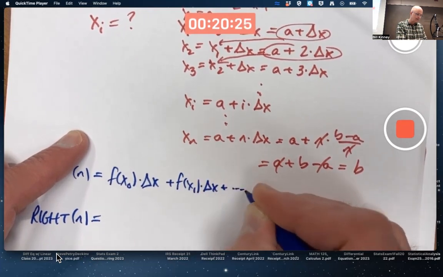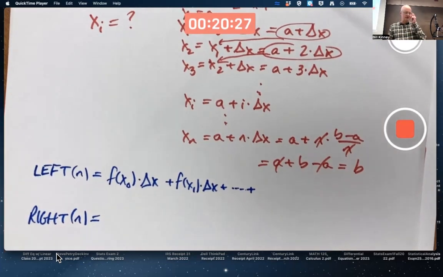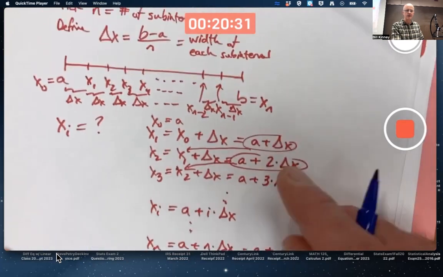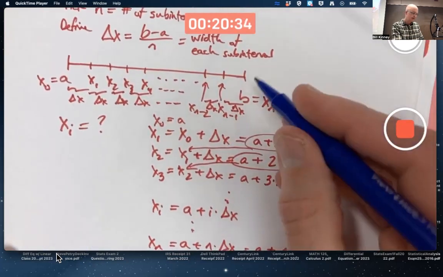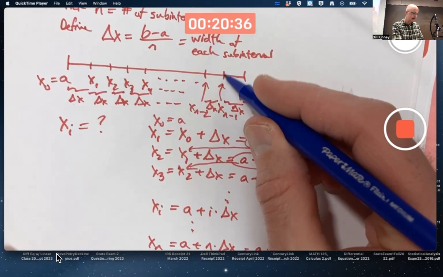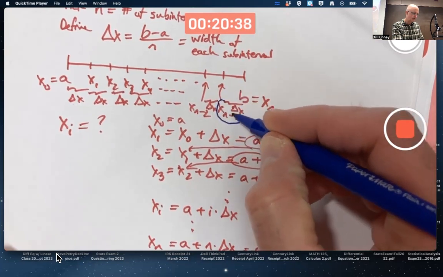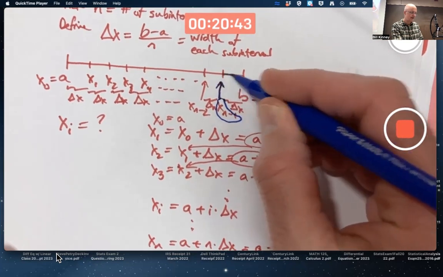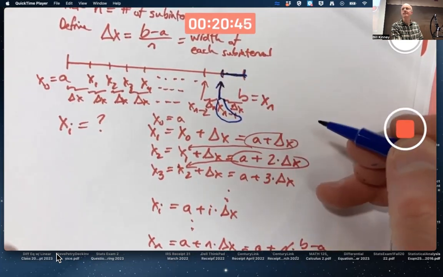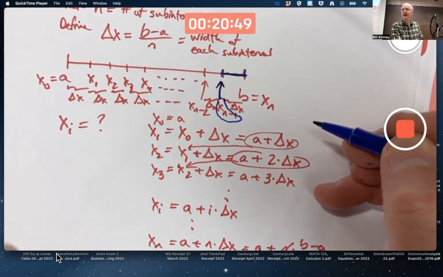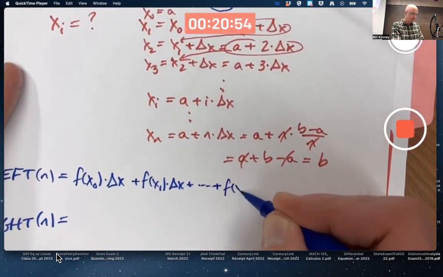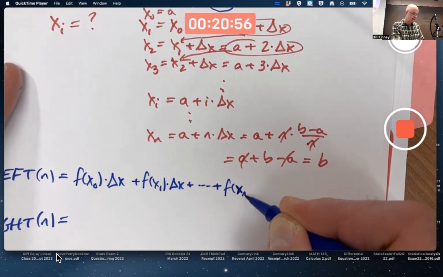Keep doing that until you get to the last one. The last interval, the nth interval, the left endpoint is, it's a little hard to see here, x sub n minus 1. That's the left endpoint of the last interval here. Plug that into f to find the height. Multiply times the base again. This is the last term in the sum.